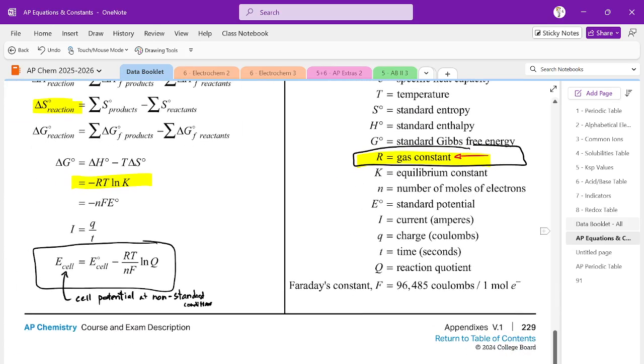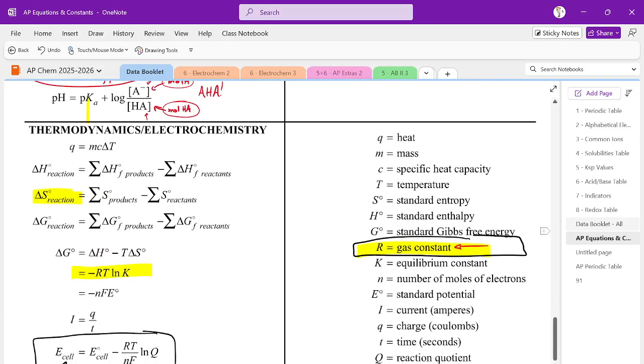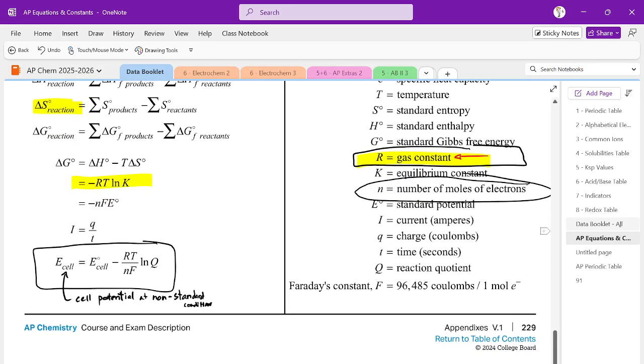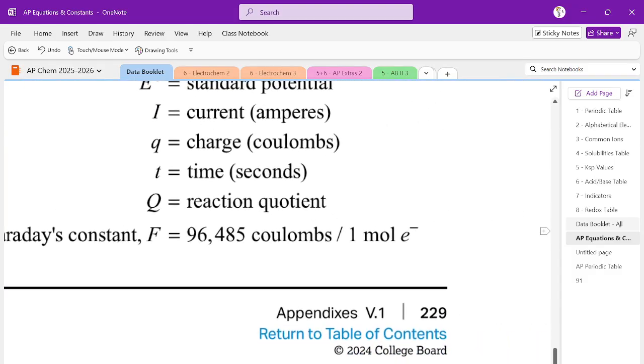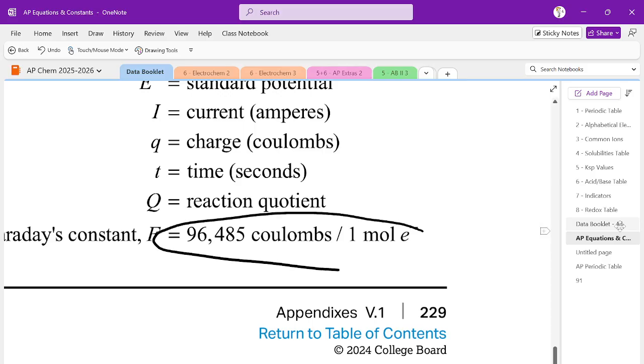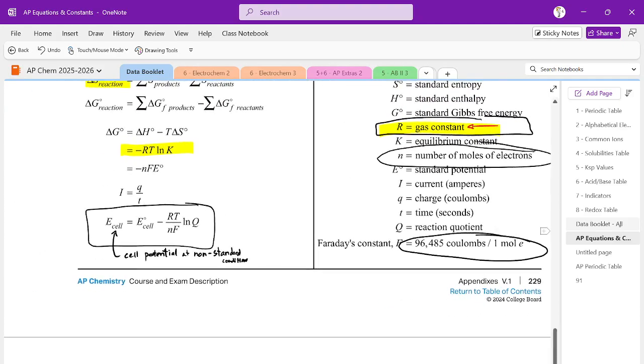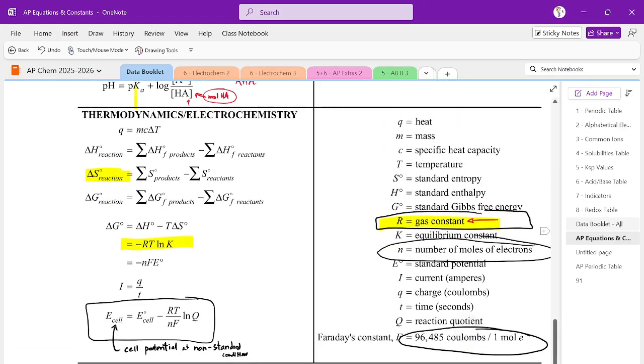Well, it tells you what they all are there. Does it give you N? Yes, it does. N is the number of moles of electrons. It tells you that F is Faraday's constant, which is this value here. And it tells you that T is temperature. Yes, it does.